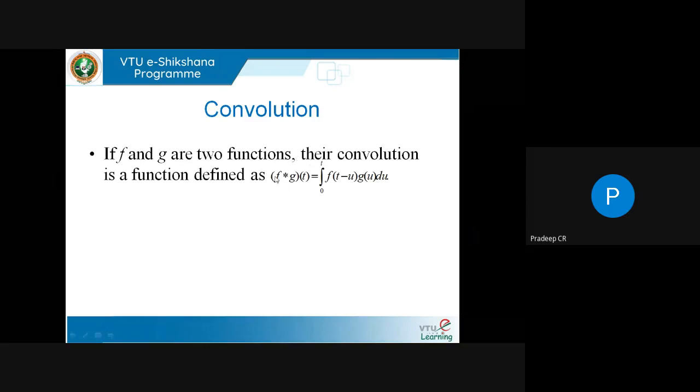Let me repeat. f and g are two functions of t, and I want to define a new way of combining f and g. For example, we have seen different ways of combining f and g. We have seen what it means to say f plus g. For example, f of t is t and g of t is t square. What is f plus g? f plus g is another function which I have to tell you its value at various values.